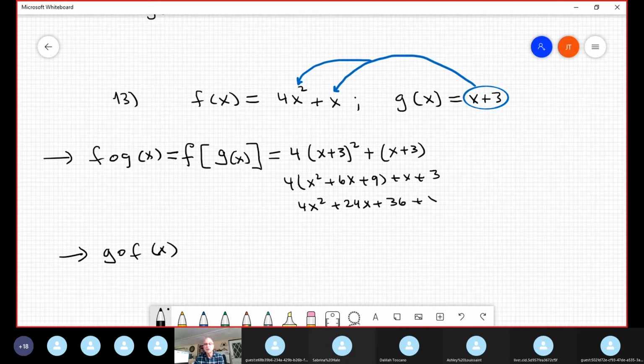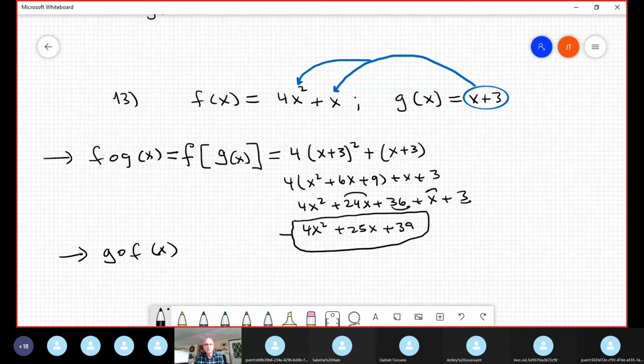And finally combine like terms. This is 4x squared plus 24x plus x is 25x, and 36 plus 3 is 39. And this is the expression that I'm looking for, which represents f composition g in that order.